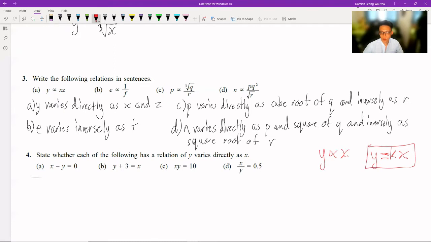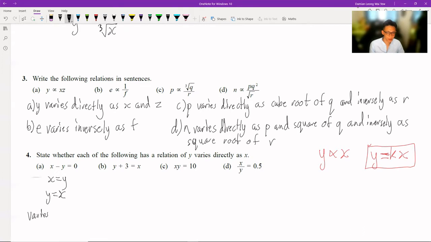As long as we can put your equation as y equals to a number times x, then that will mean that y varies directly as x. Like this one, x minus y equals 0. Bring over the y, minus opposite is plus. So x equals to y means y equals to 1x, yes, it varies directly.